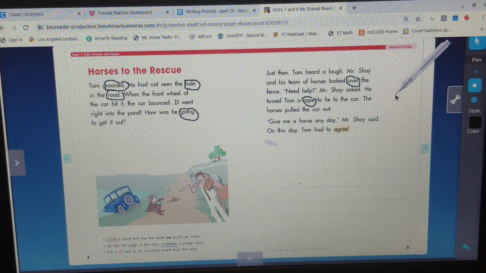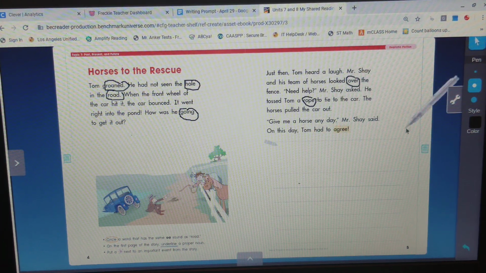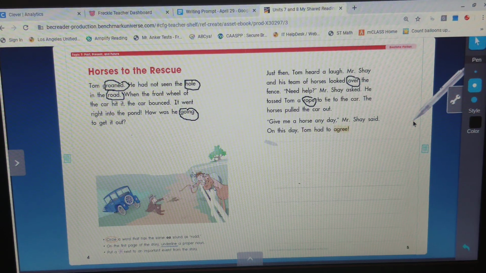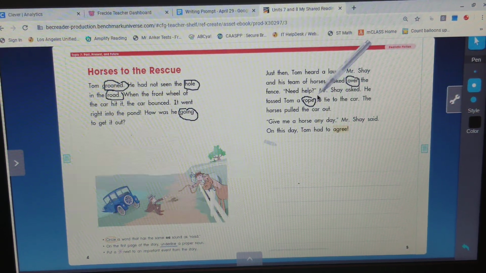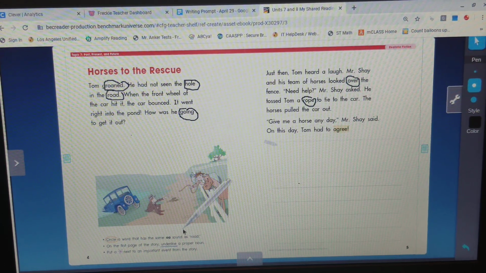Even though this is an O word, it's not saying O, that word is on. Okay, I think we've found all the long O spellings, the long O words.